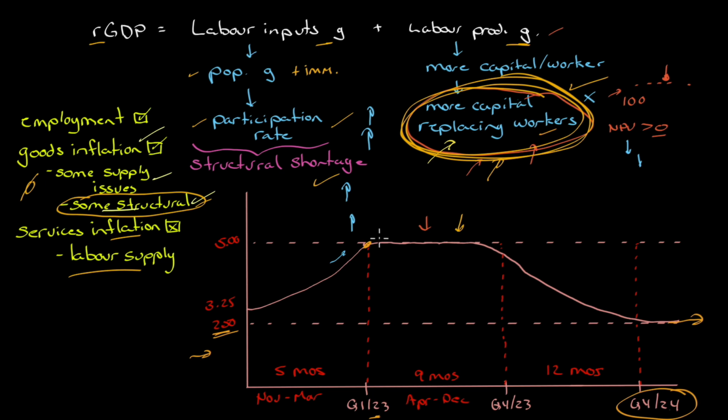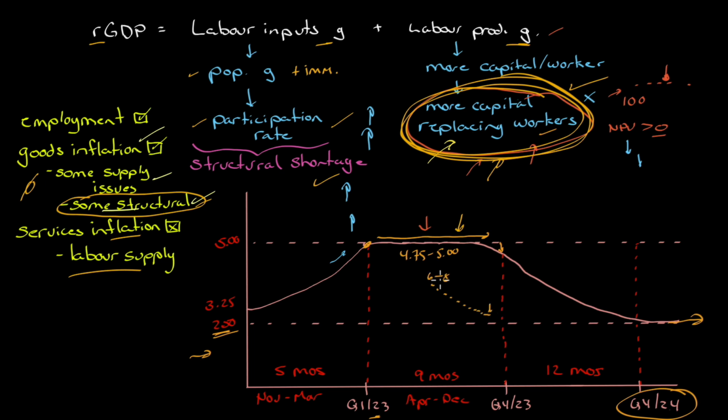The Fed funds futures market is suggesting stability all year long, with a slight drop going into the end of the year. That's a 9-month holding period at somewhere between, let's call it, 4.75 and 5%. And then a slow, and I think it'll be slow, you're going to have to see inflation coming down for a period of time before the Fed says, okay, that's going in the right direction.